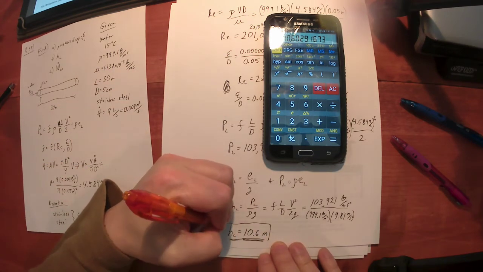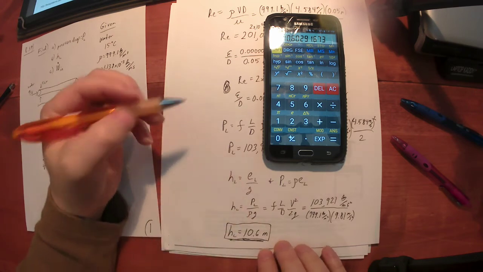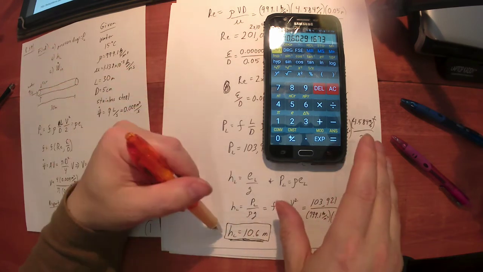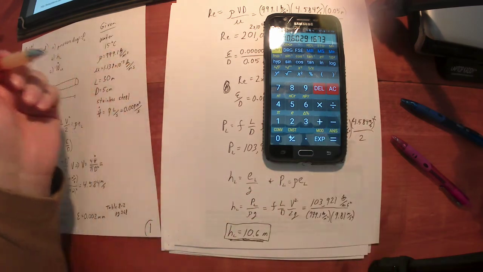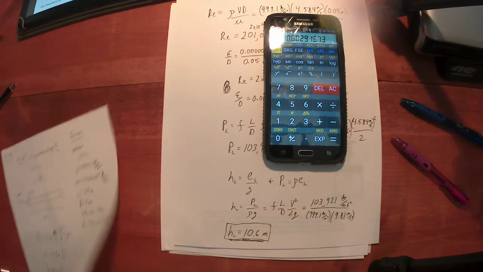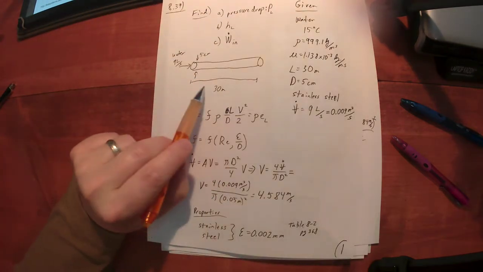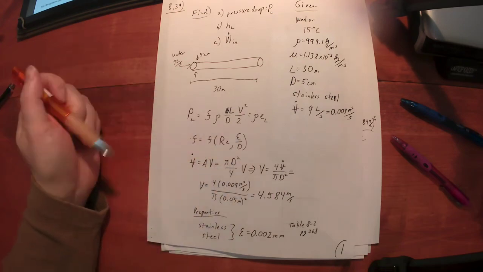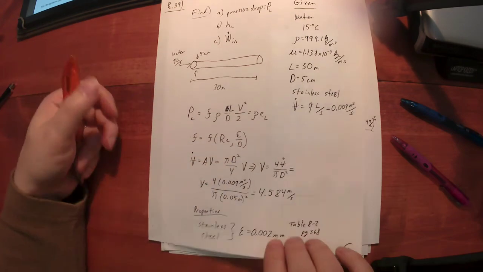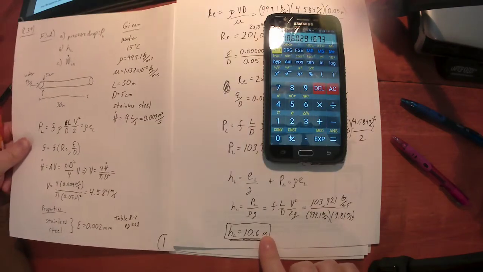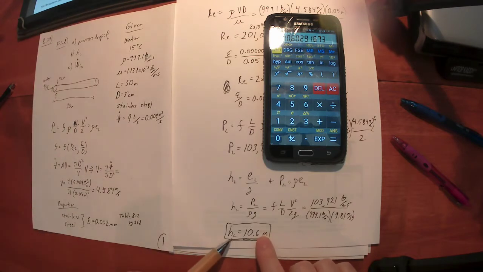Here's my second answer. So to overcome this loss, if we allowed the pipe to drop, say, over this 30-meter length, if we allowed the pipe to drop almost 11 meters, then we would not notice any difference. That's what the head loss represents: if we try to measure that energy in length, how much energy does that represent?